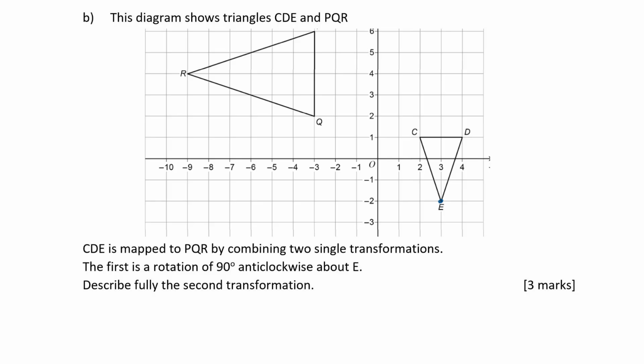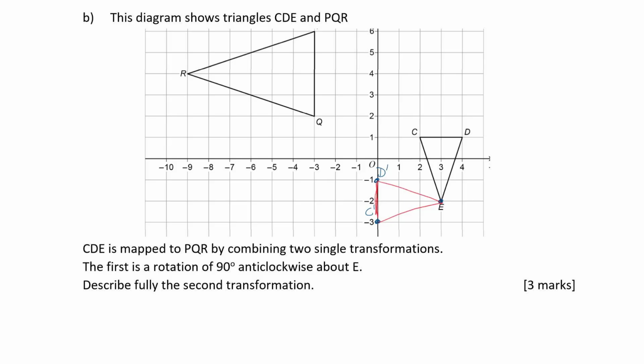That means my triangle is going to be, well, the point D is going to end up here. So that's going to be D dash, and C is going to be down there. That's going to be C dash. So we're going to have a triangle here. Okay, and then it ends up there.